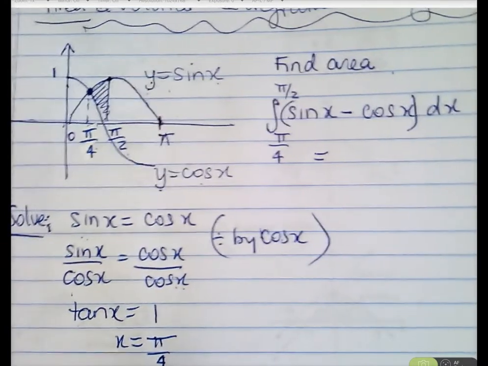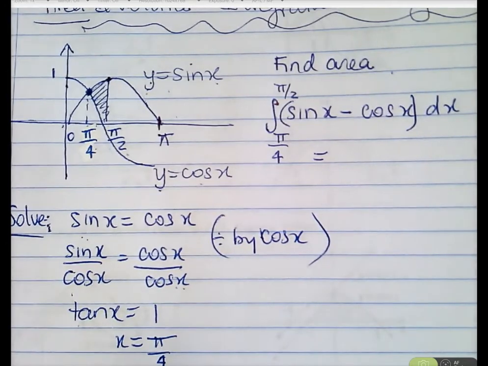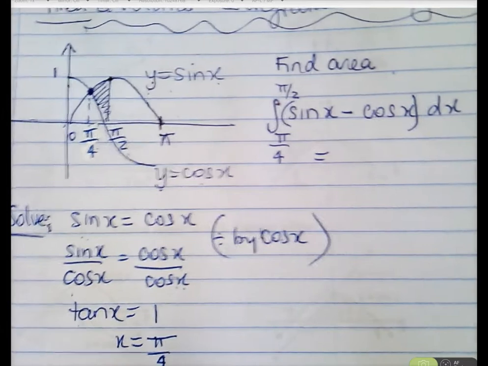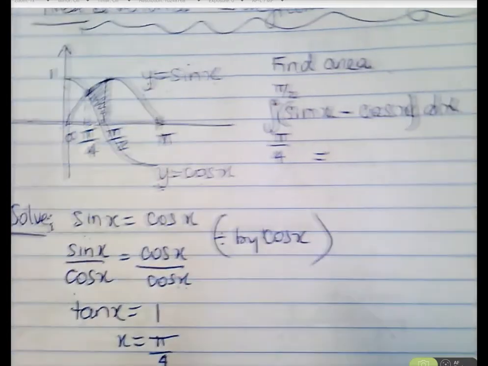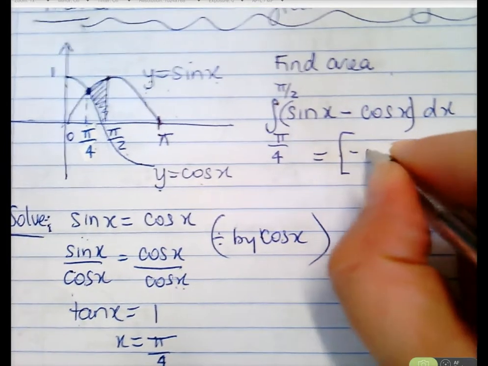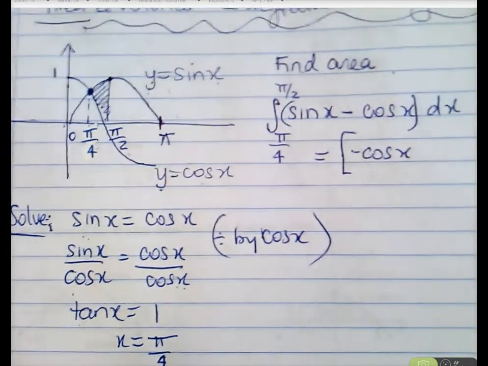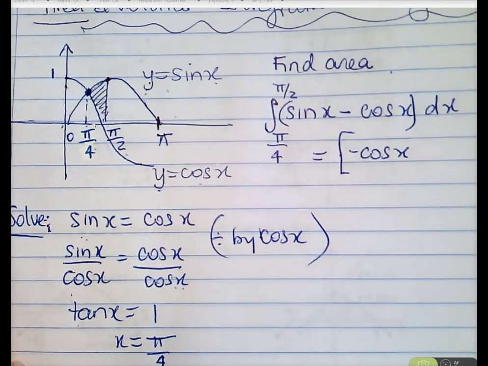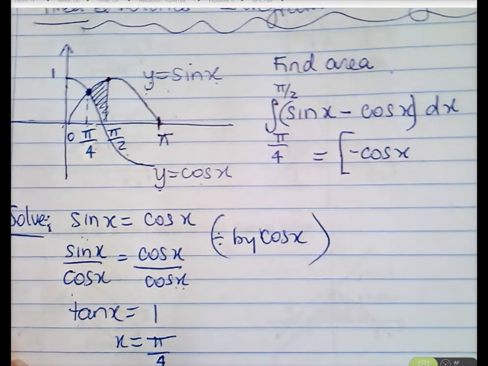The first thing we did when we integrated and differentiated, we did sine x is cos x. That was the nice one, the positive one. Nothing else is nice. So, integrate sine, you get negative cos x. But integrate cos, if when you integrate sine you get negative, when you integrate cos, it mustn't change.